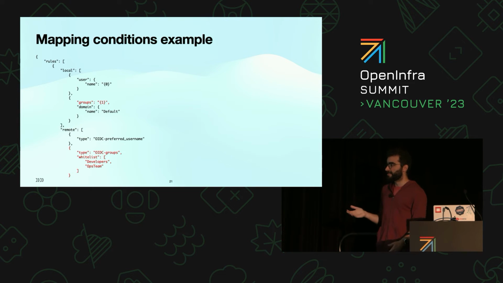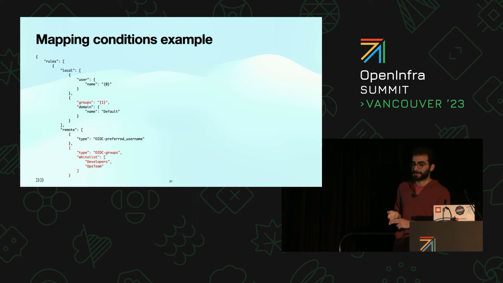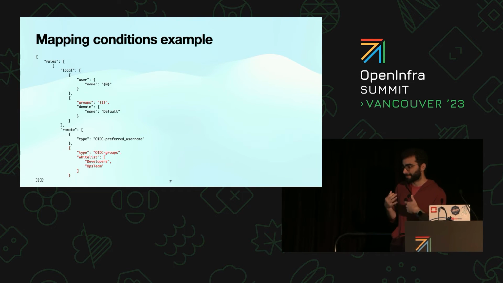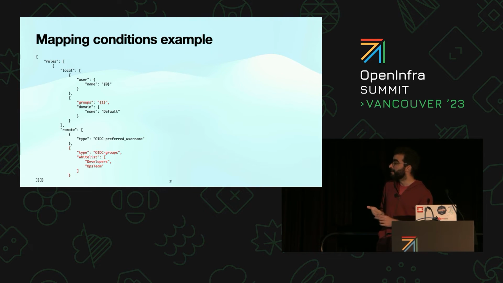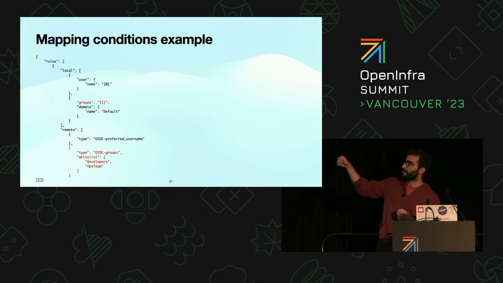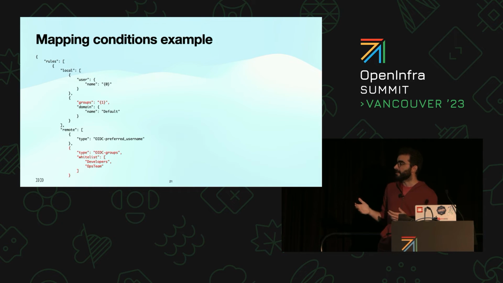So if a user comes in and they have developers, ops teams, but also, I don't know, client, then the whitelist is only going to let developers and ops teams into the groups matching there. It's not going to prevent the user from authenticating. It's just going to filter out the value that is extraneous and not part of the whitelist.